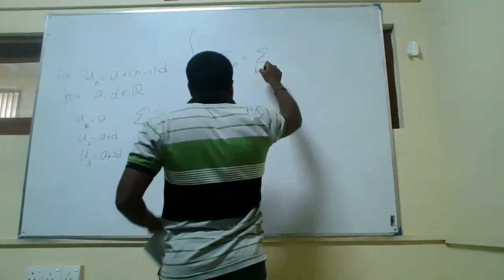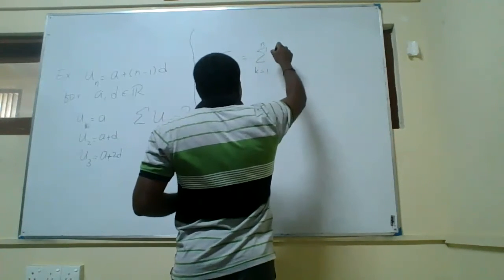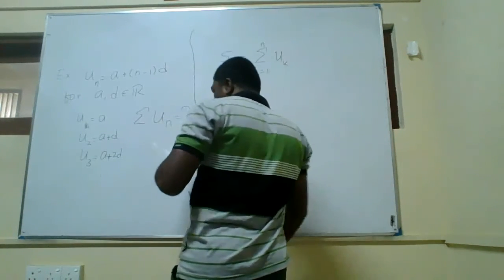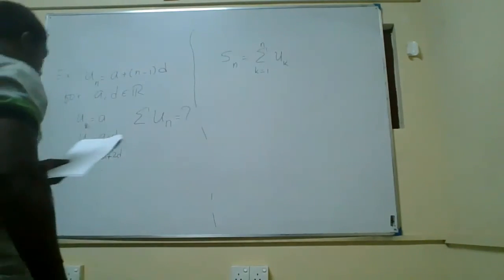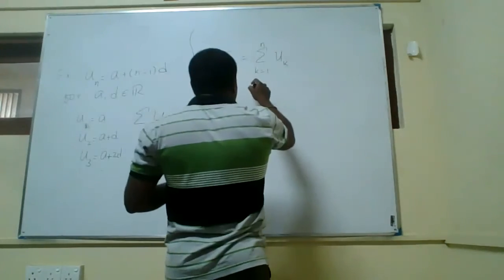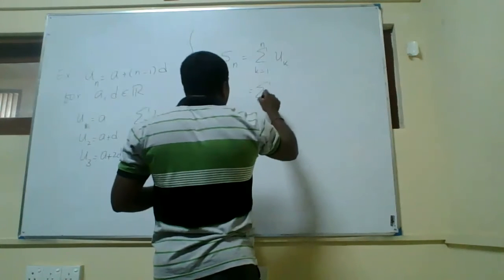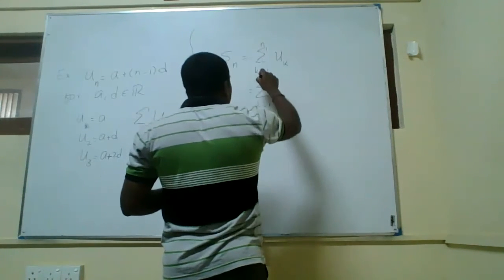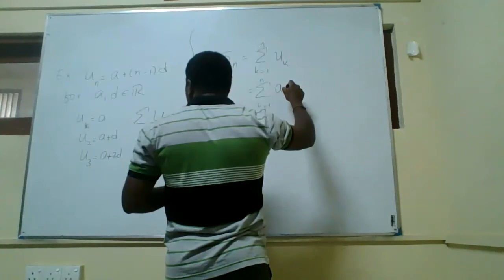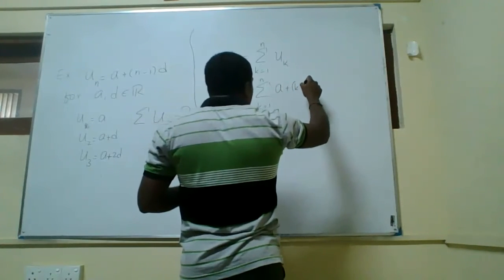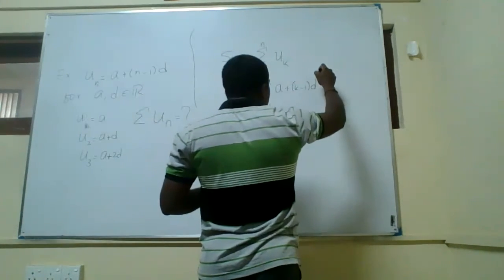So S_n is the sum of k running from 1 to n of u_k, which is the sum of k running from 1 to n of a plus (k minus 1) times d.